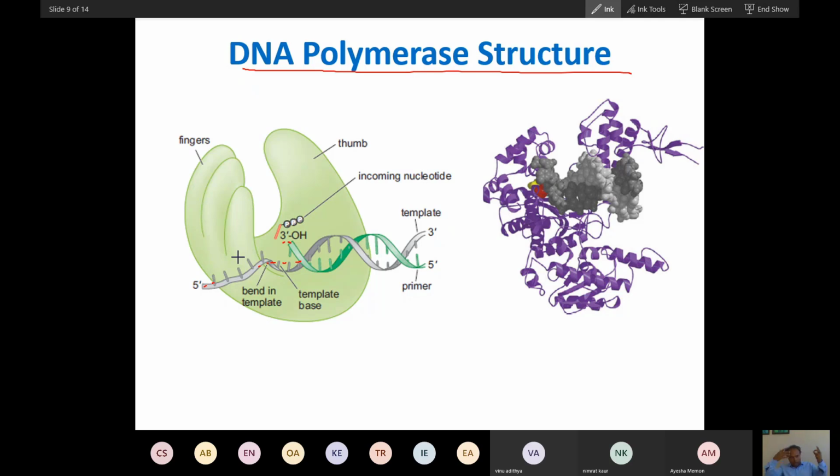You can conceptualize it with a sewing machine that moves like this and sews the whole cloth. In the same way, one movement will add one base, and the DNA polymerase goes along like this. So this is how DNA polymerase polymerizes the whole strand. Understand the structure a little bit, so that you memorize the image of this DNA polymerase.